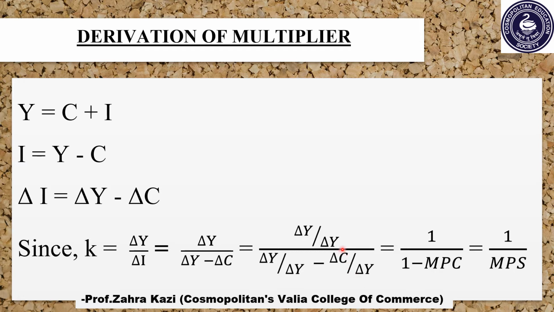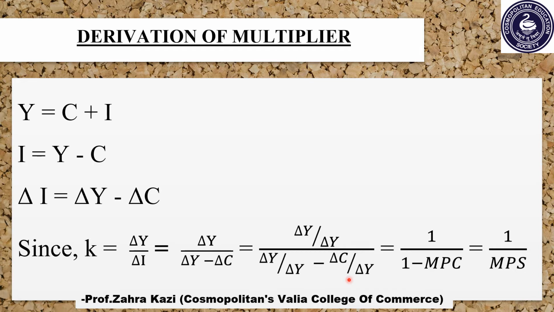Now as we know here, delta Y is common, so the numerator will be 1. Again the same logic applies here, delta Y is common, so it will be 1 here, 1 minus. Now look at this part. If you remember, when we were doing the topic consumption function, there was one topic, properties of consumption function.